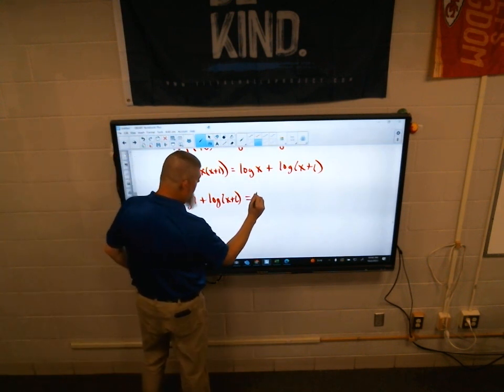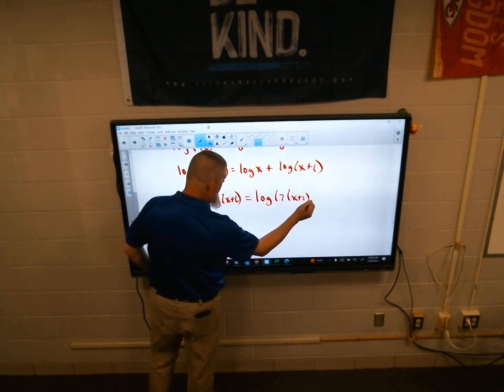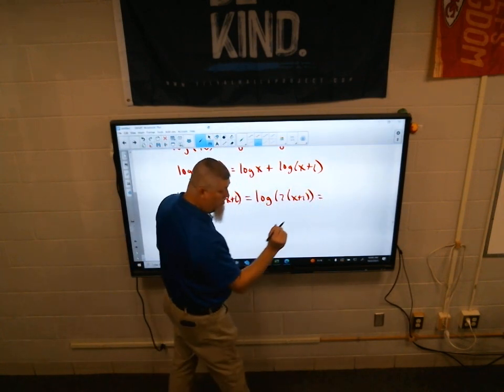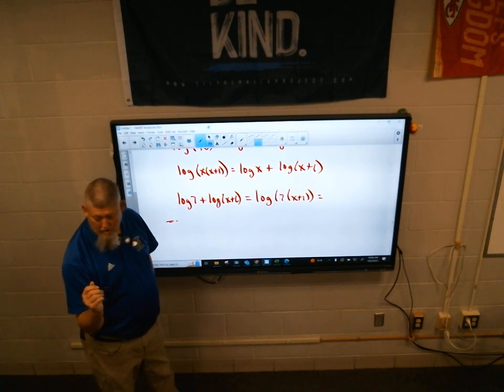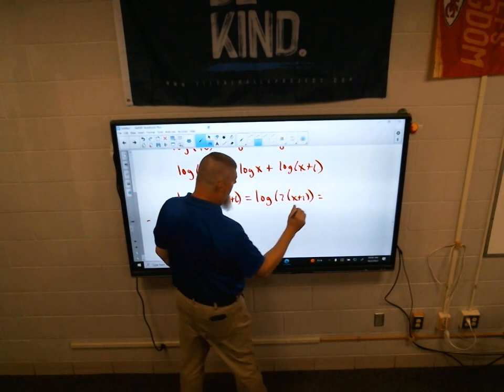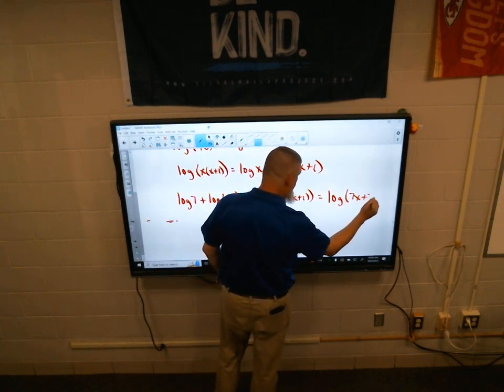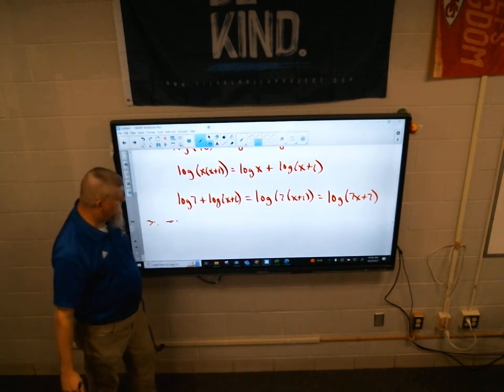So you'd have the log of 7 times x plus 1. But you can only combine it if it has the same base. Same base, correct. Or we're better, log of 7x plus 7. Actually multiply them together.